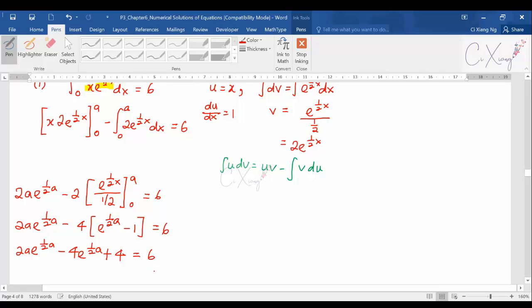What you need to do now is try to simplify everything that you can. As an example here, you can see 2a e power half a, and what you can do is just keep it first, or you can factorize out the e power half a.